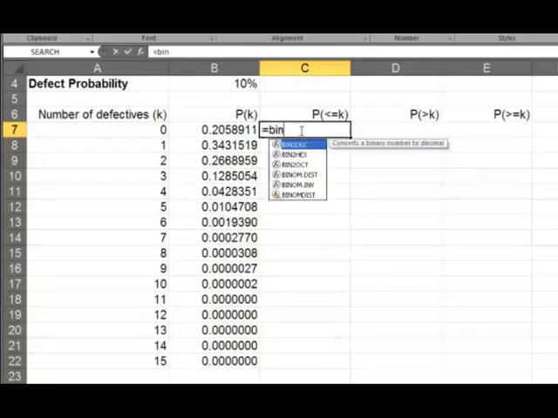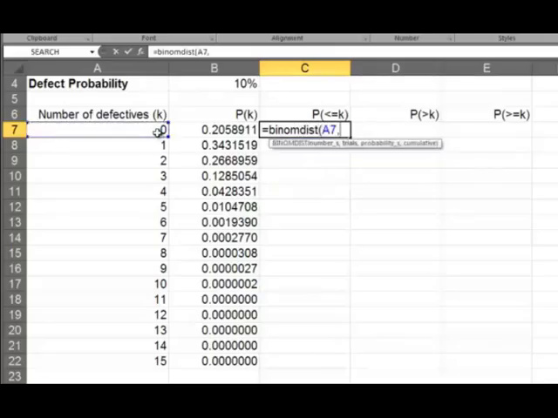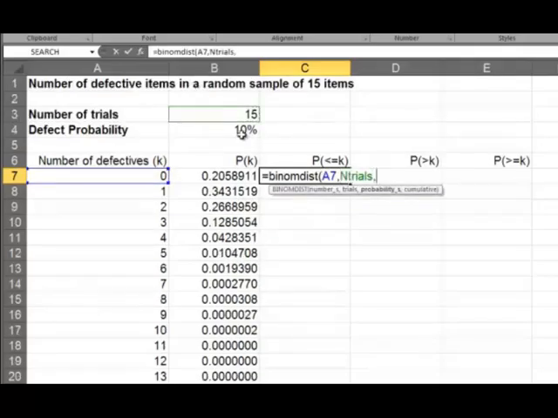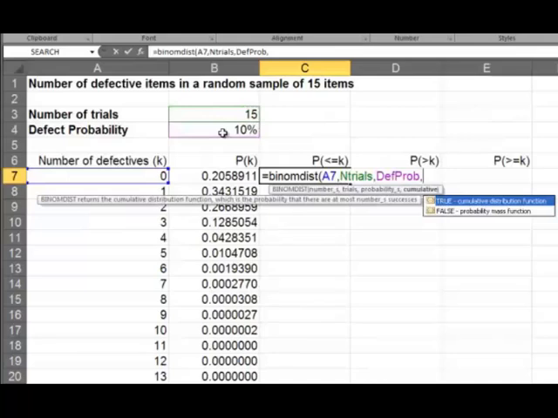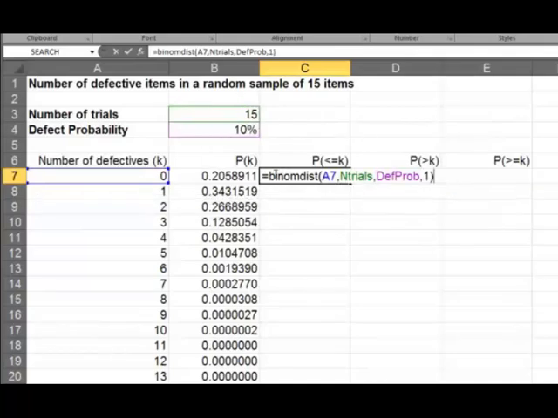So I'll say equals BINOMDIST of my same k value, comma, number of trials, comma, probability of success, comma, 1 this time. And that 1 tells the BINOMDIST formula, hey, I don't just want the probability at 0, but I want the probability at 0 or anything less.